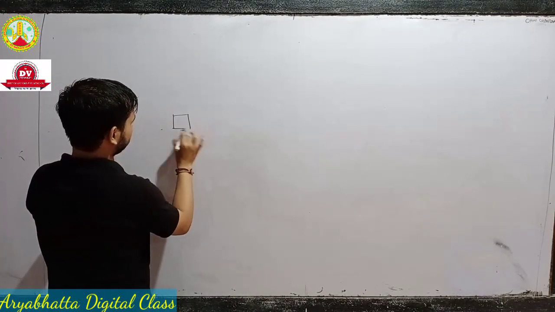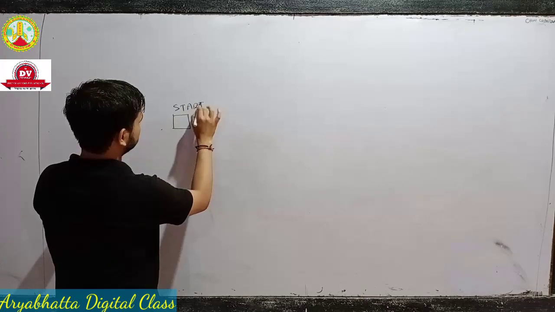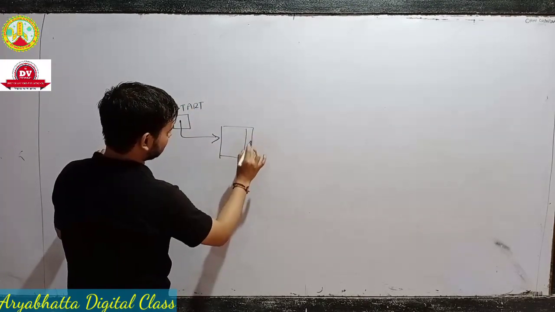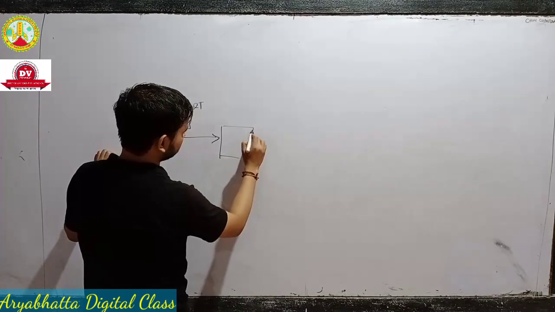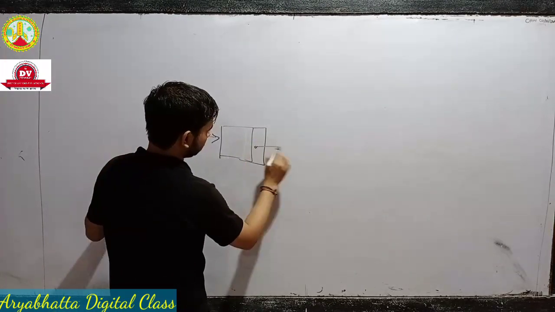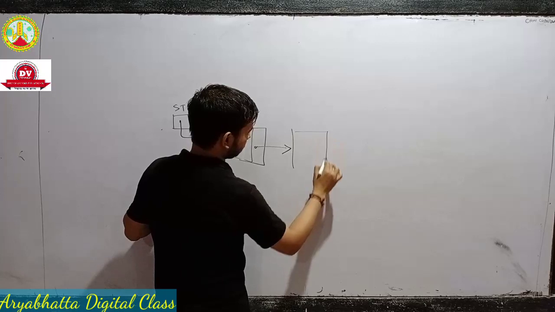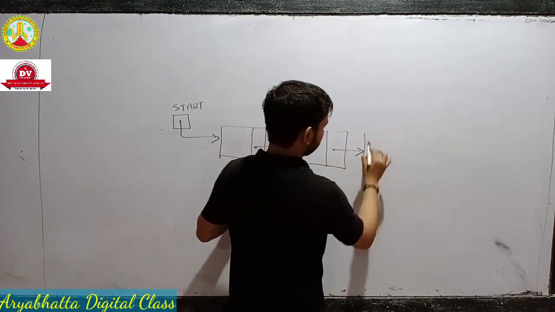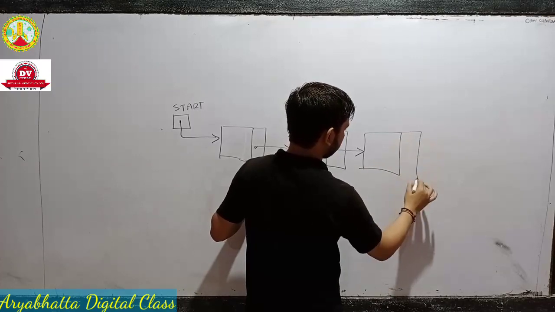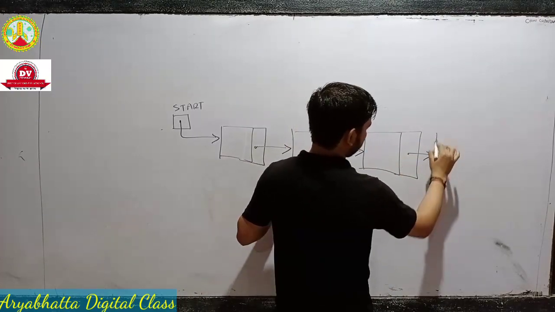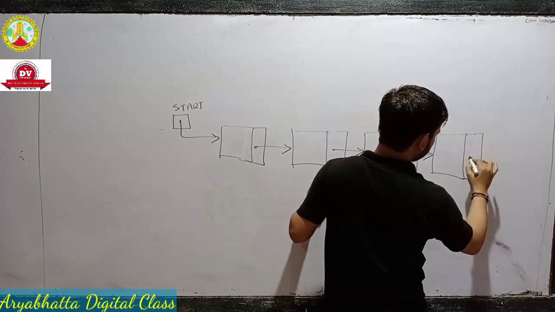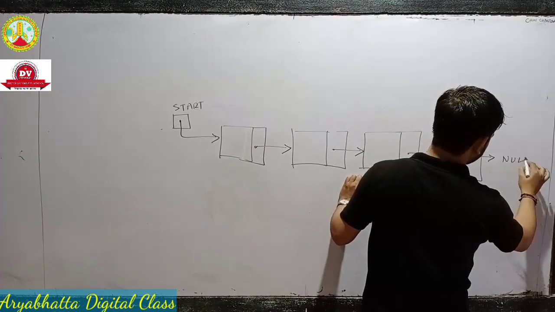Suppose this is a list. The start pointer contains the address of the first node. Suppose we take 4 nodes.